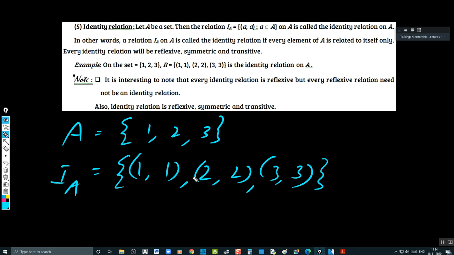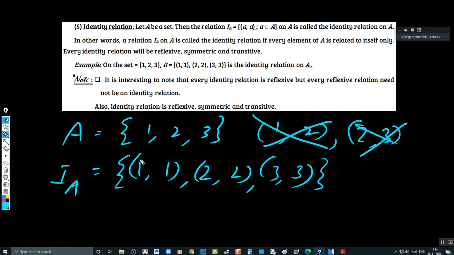It won't contain the rest of the elements like 1,2 or 2,3. Identity relation means the set maps onto itself. Okay. So this is what you have to understand.